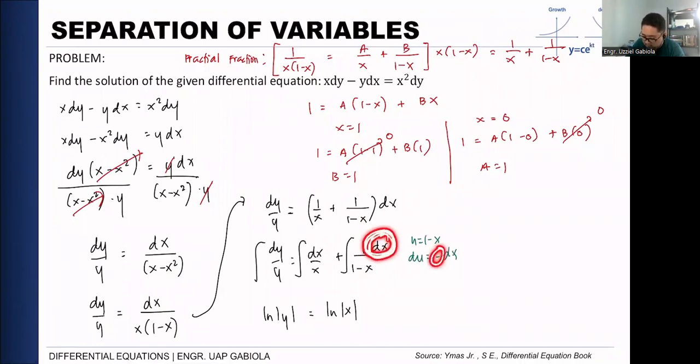So kailangan mag-introduce ka ng negative para maging negative dx. Again, kailangan satisfied yung u du. So magiging minus, and then since negative exponent siya pag nilagay sa numerator, that is minus ln 1 minus x plus ln c.